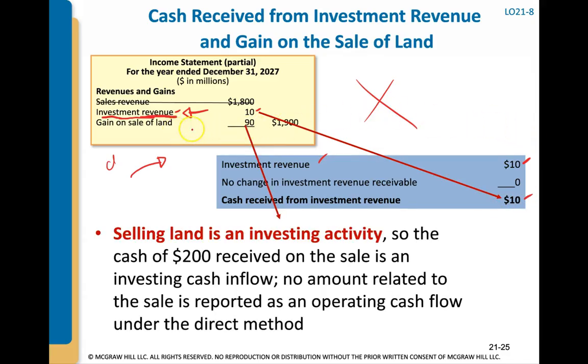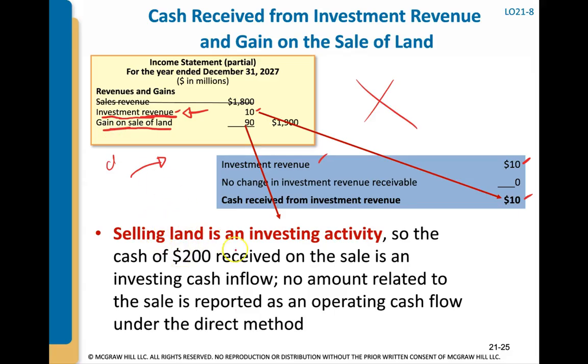And then we have our gain on sale of land. Remember, this is the direct method, so we don't have to adjust our net income. Our starting point is not net income on an accrual basis like the indirect method. This is just straight up reporting the inflows and outflows of cash. So the gain on sale is just a non-cash income statement account.